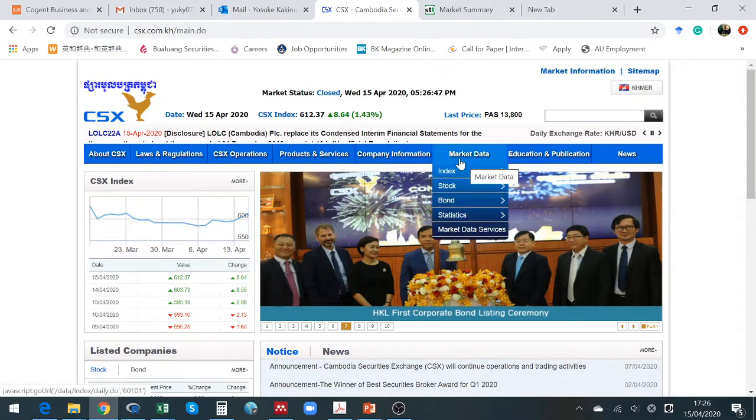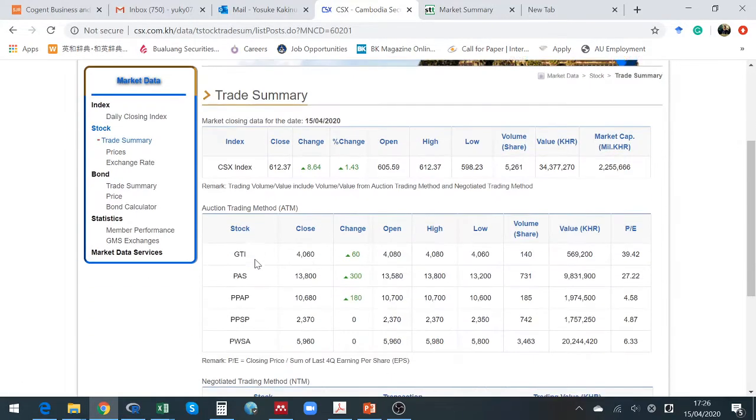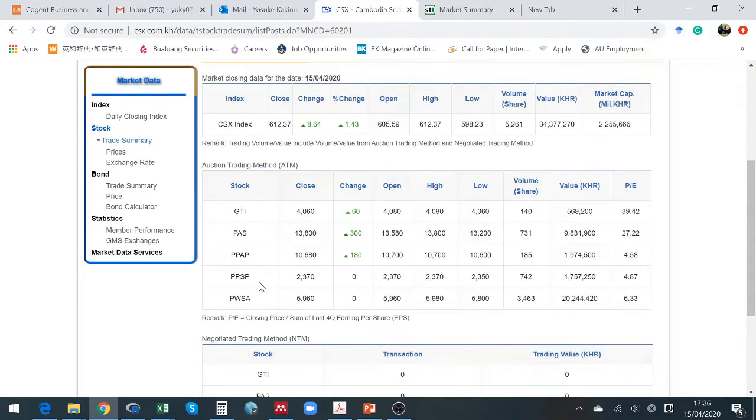In Cambodia, there are only 5 public companies listed, so they are small compared to other markets. In Thailand, there are maybe 5 or 600 companies listed on the stock exchange, but in Cambodia, there are still only 5.